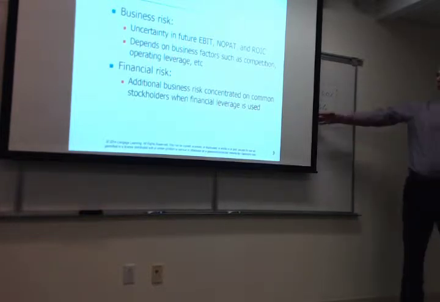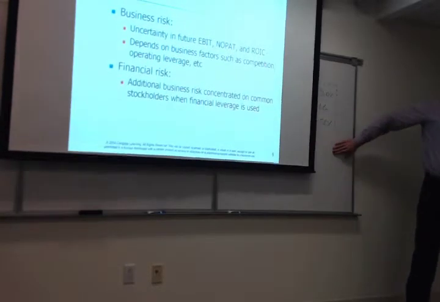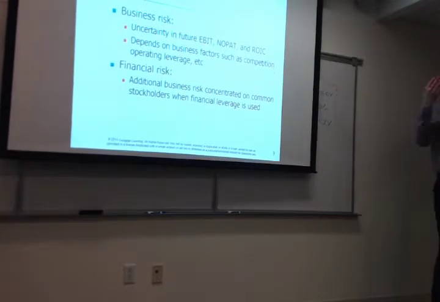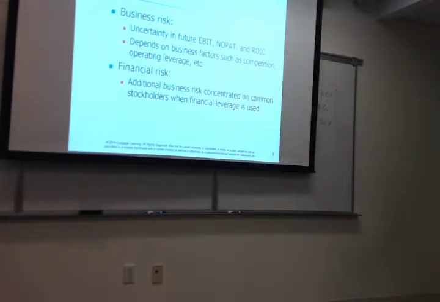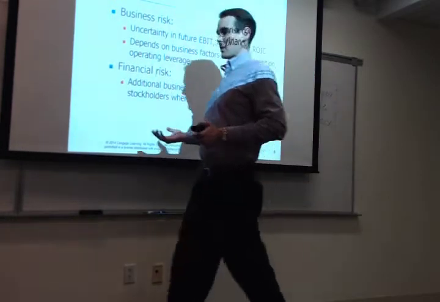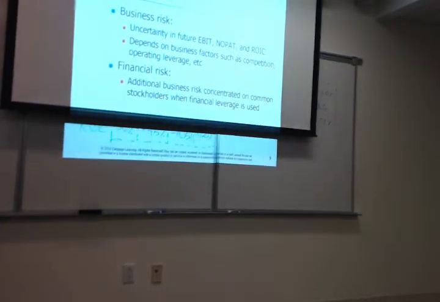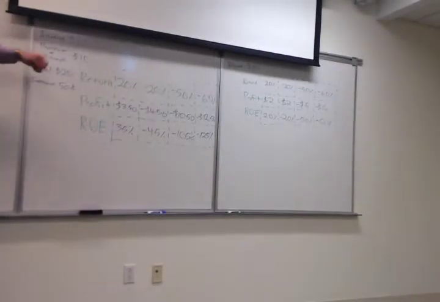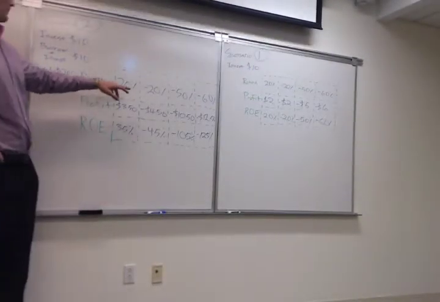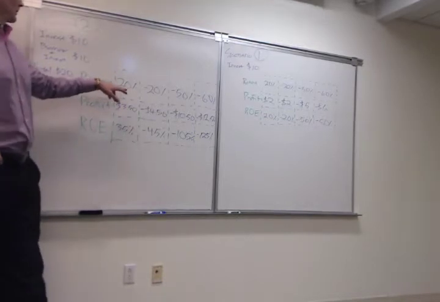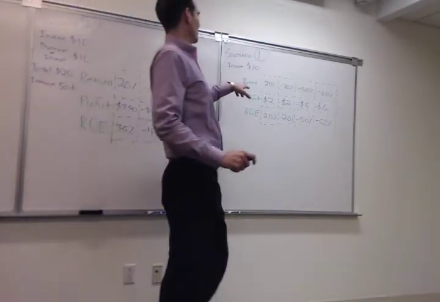So this is the scenario we went through at the start of class. When we borrowed that extra $10, we saw some increased risk, right? We use the same return numbers.